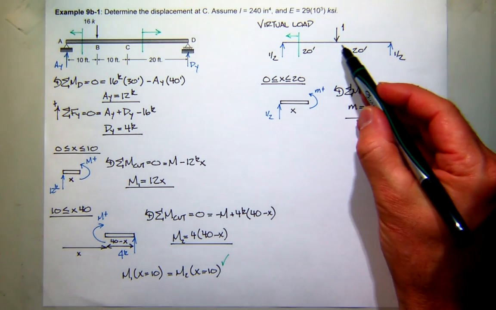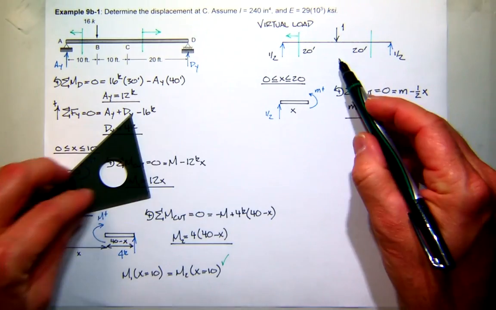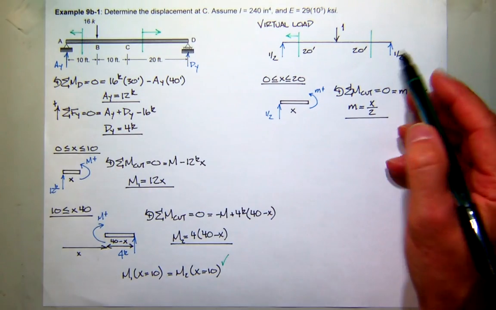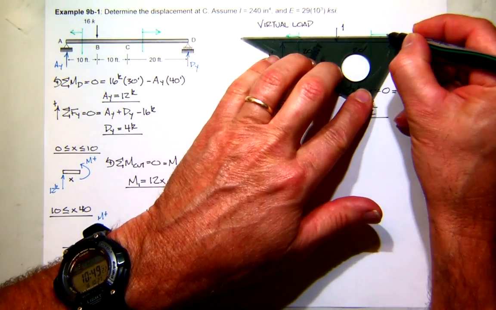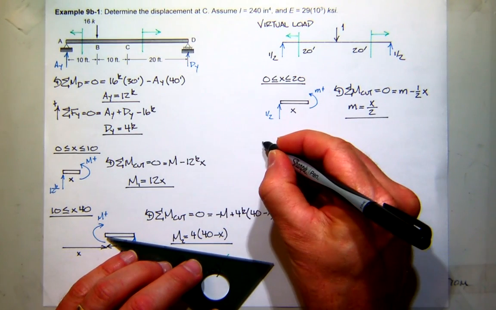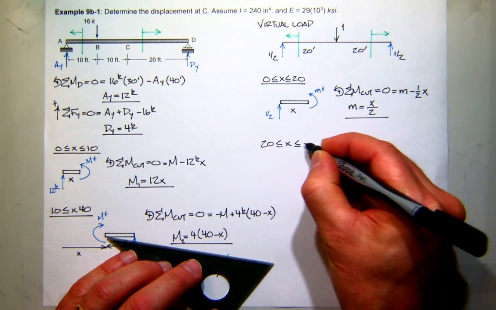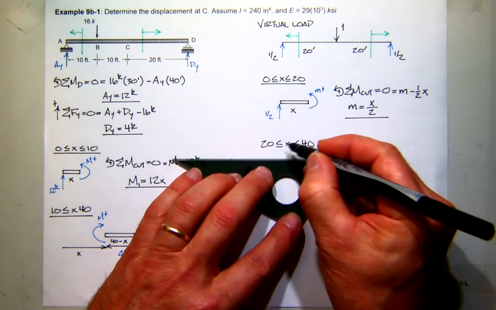Now, I want to find it from 20 to 40, so I'll make a cut there. Left side or right side? Right side. So this will be good from 20 to 40.